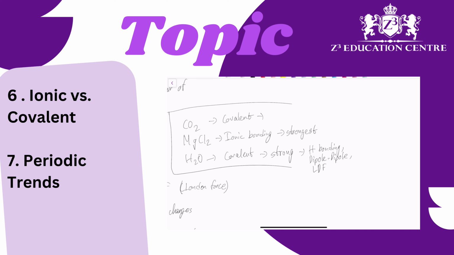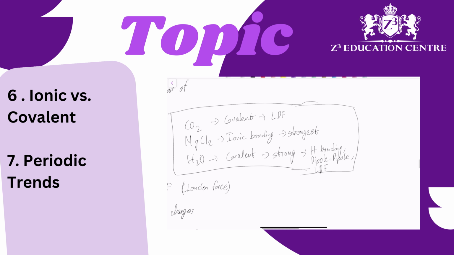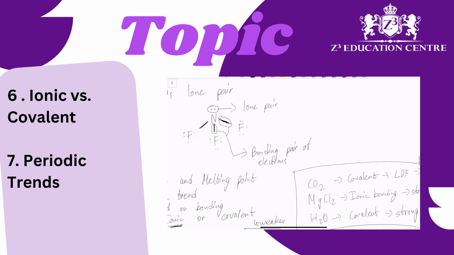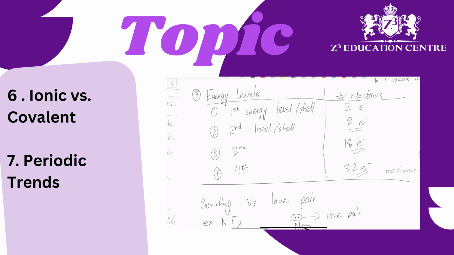Carbon dioxide, however, will only undergo LDF because it has a symmetrical structure and the dipoles cancel out. There are no dipoles formed, so having only LDF will give you the weakest. Okay, so keep these in mind, and hopefully the test is going to be a breeze for all of you.